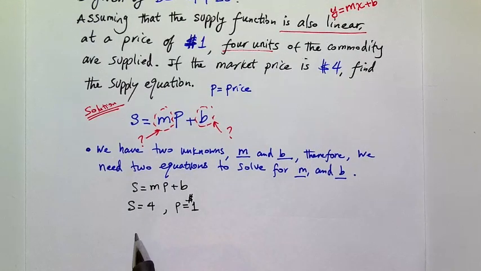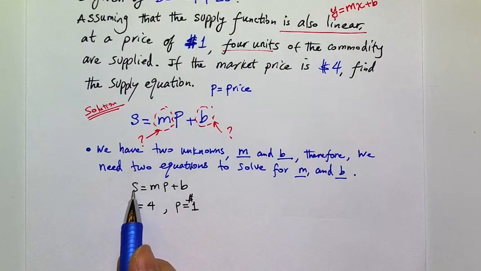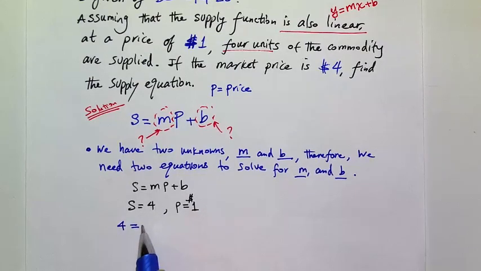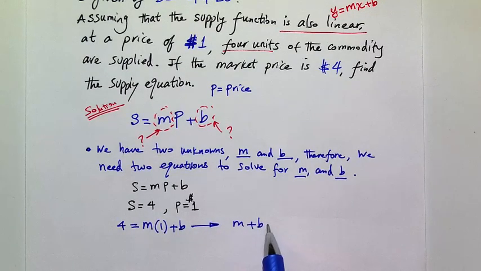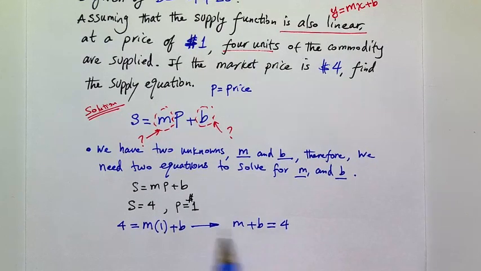What are we going to get? For S, we're going to put 4 on the left side, and then M is going to be M. We're solving for M and B, right? P is going to be 1, and then plus B. So we're going to get M plus B equals 4. This is the same thing as that.